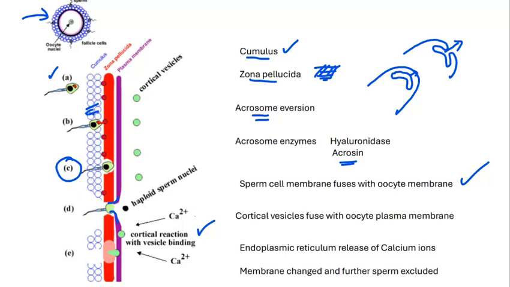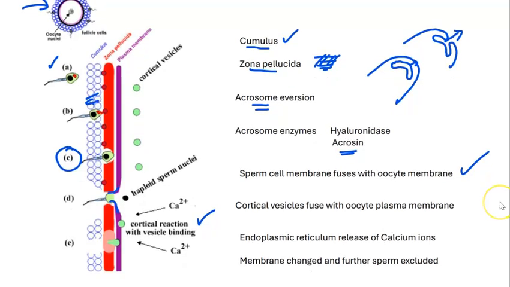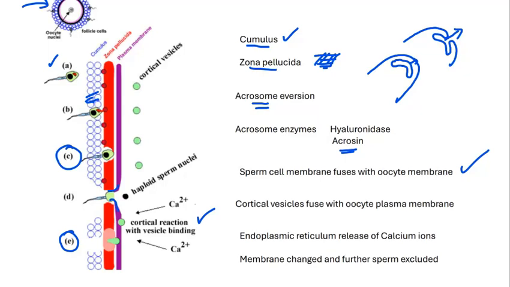These calcium ions bring about a reaction, as we can see in section E here, in the actual membrane of the oocyte, which then prevents any further penetration by any sperm cells. So any future sperm cells are unable to engage in the acrosome reaction as outlined previously. And in this way, we prevent the polyspermy of the egg cell.